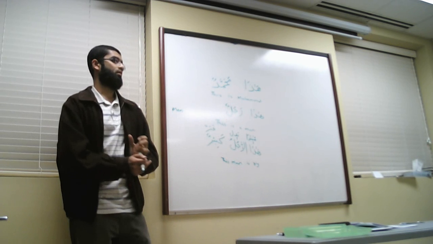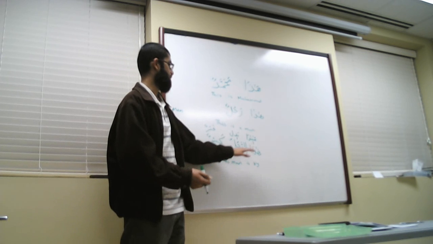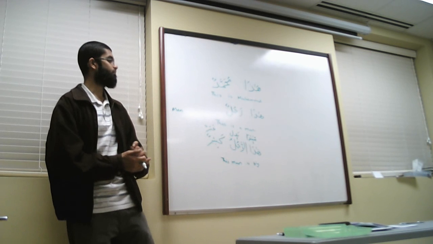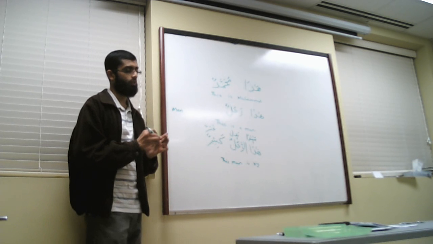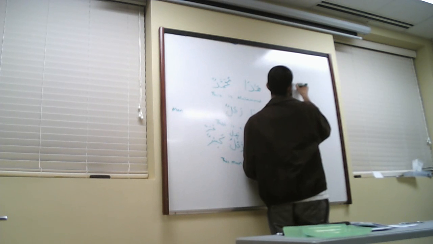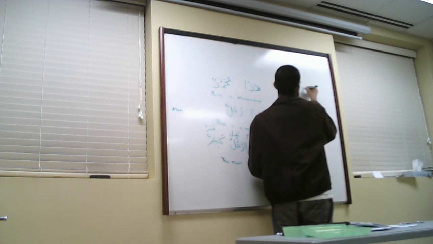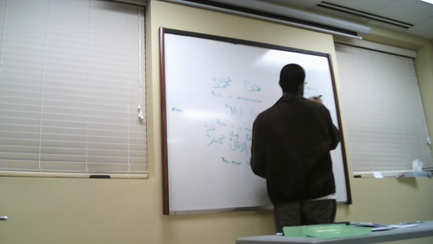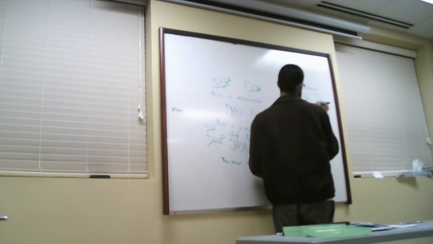Before, we learned hada rajulun, this is a man, or hada ar-rajulu, this is the man. But you couldn't say "this man," or "this imam," or "this boy." I'm just making sure I'm understanding.